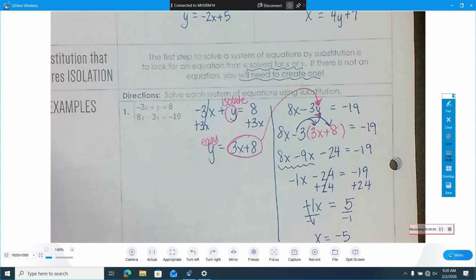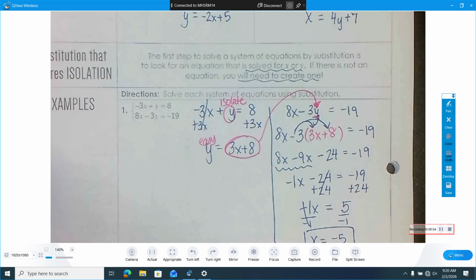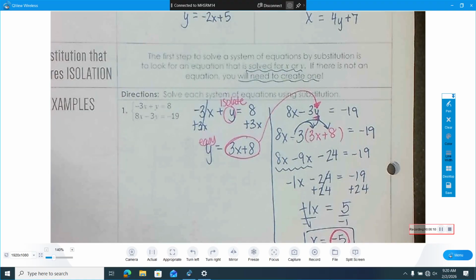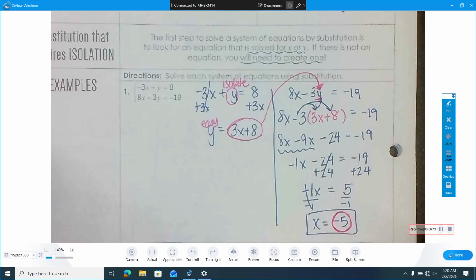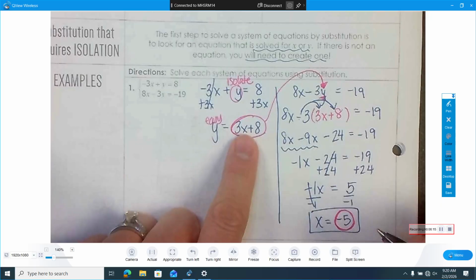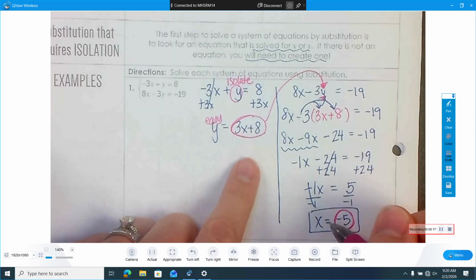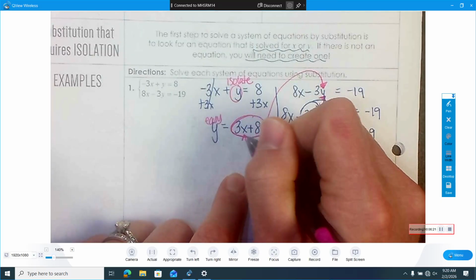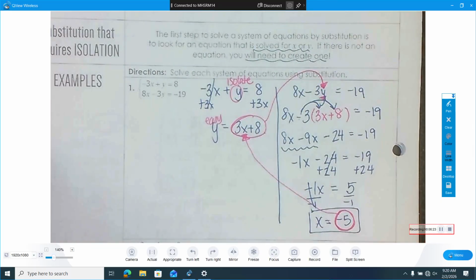Are we done? Not exactly, not quite. We did get a number for x, so we got to, again, complete the circle. So I'm going to take my negative 5, and where does negative 5 go in place of? Yeah, it goes in place of the x, because it says negative 5 is exactly the same as an x. So we're going to put it in place of the x right there.